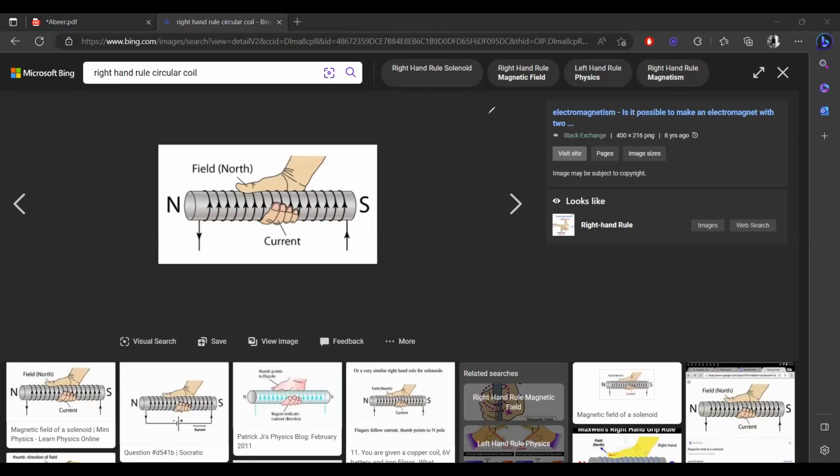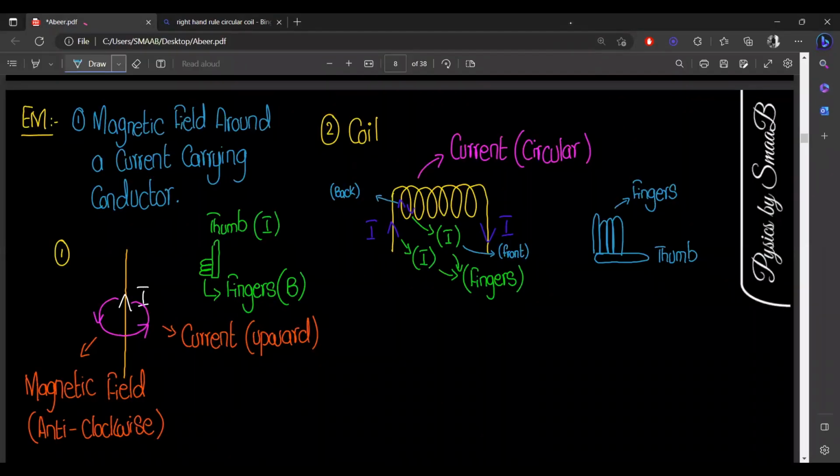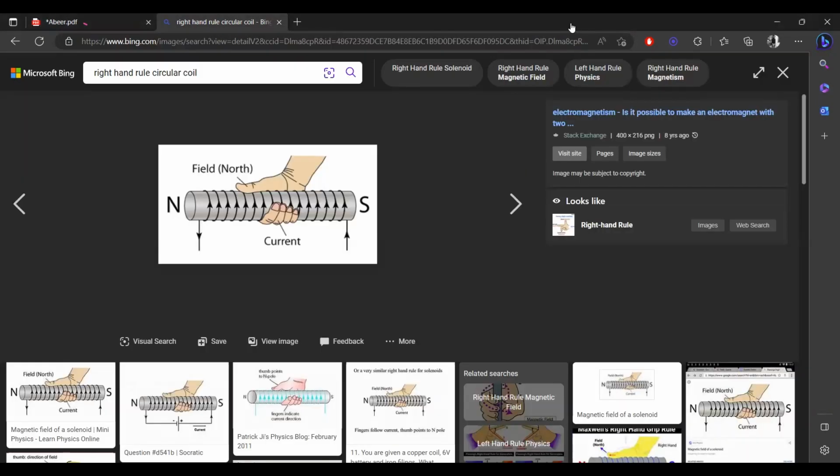Let's suppose in our case, the current is moving in upward direction from the left hand side. But in this diagram, the current is moving in upward direction but from the right hand side. So the current starts moving upward from this side. So it depends upon the direction of current. Let's suppose in this concept, the current first moves upward.